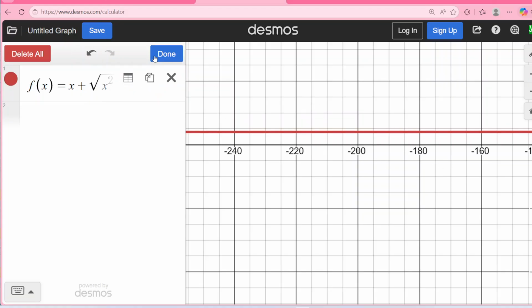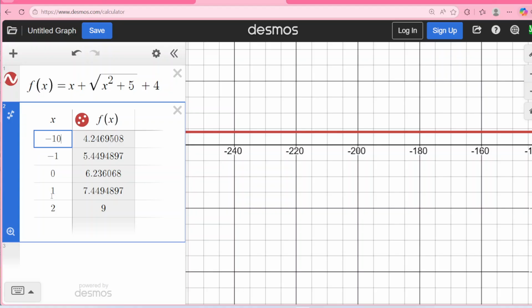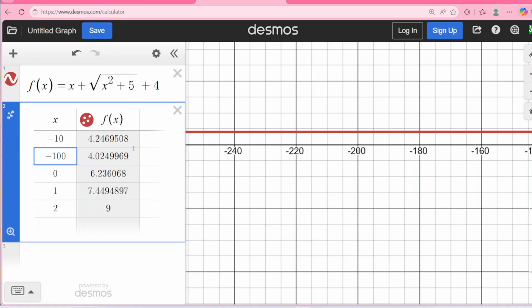But I'm going to go to a table like they said. So I make a table, and down the left side I'm going to put in larger and larger negative values of x, starting with negative 10. The value is 4.246 something. Then I'll plug in negative 100.